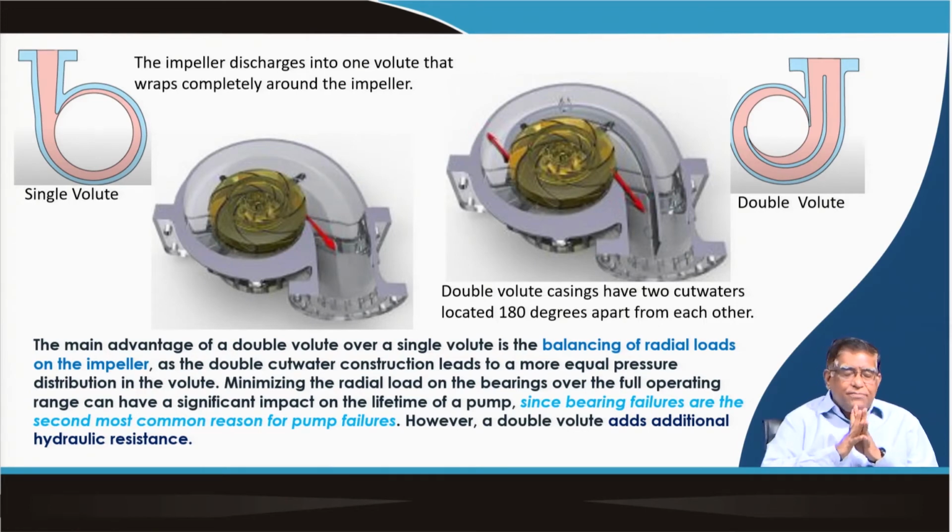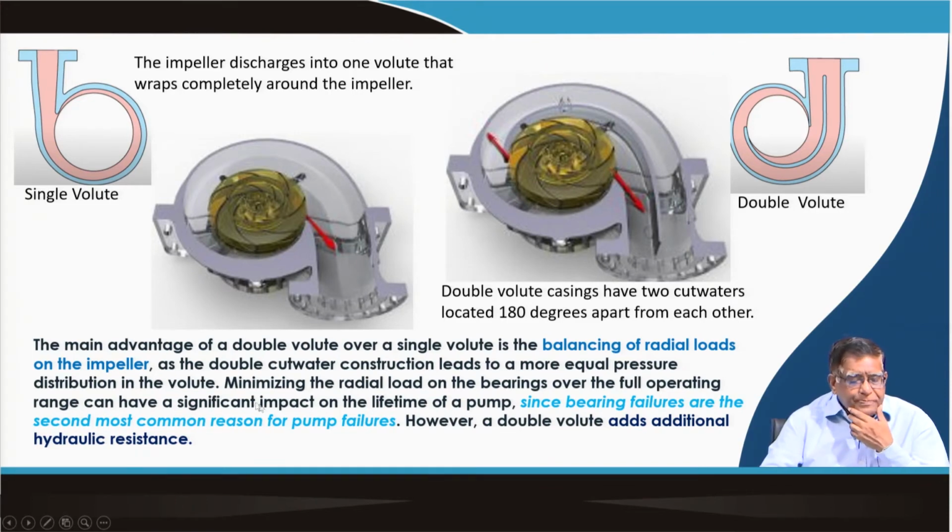The main advantage of the double volute over the single volute is the balancing of the radial loads, because when it is coming only over here, and you know that in a pump the shaft is basically a cantilever type, at one end we are having the load. So, that is why a different load comes on the bearing. In making it a double volute, it will have a balancing action on the radial loads on the impeller as well as on the shaft.